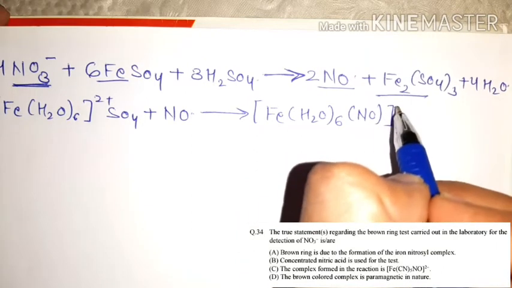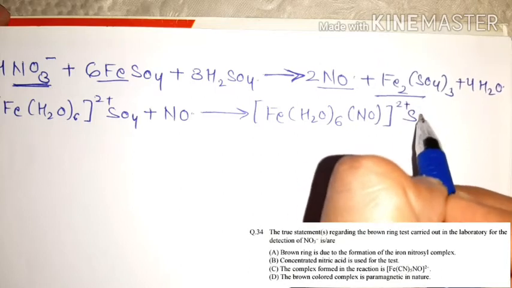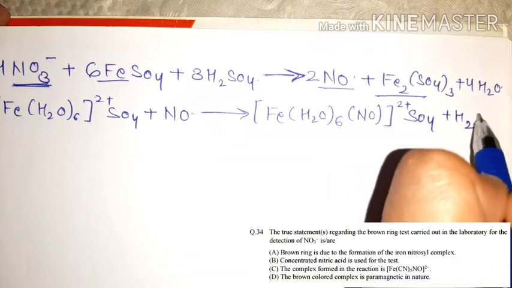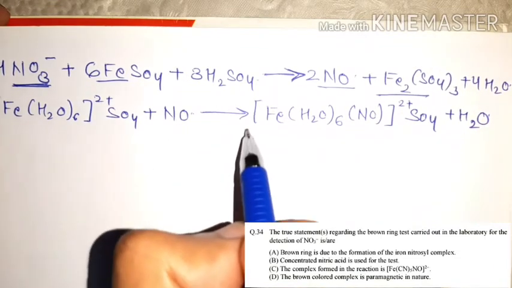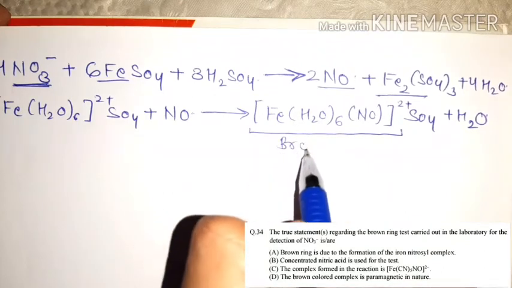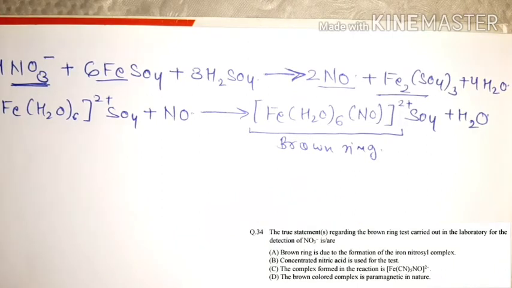See this, [Fe(H2O)5(NO)]2+ and SO4 plus H2O. This iron nitrosyl complex is a brown ring which is formed at the junction of the acid and aqueous solution. So in the brown ring the iron is in plus 2 oxidation state.